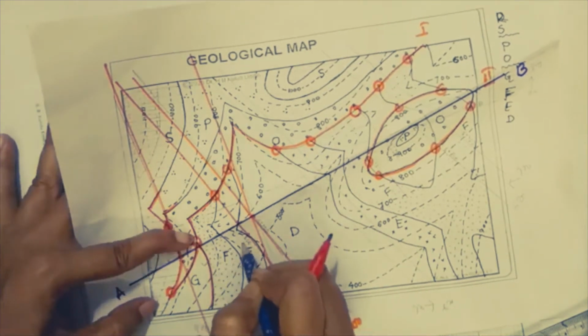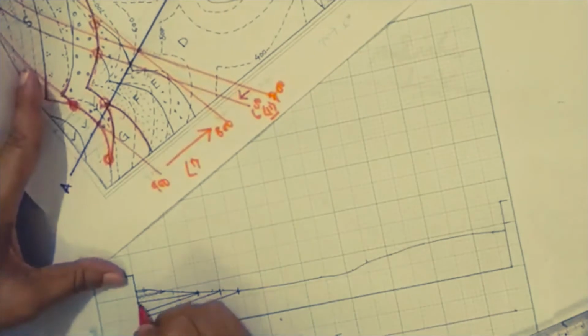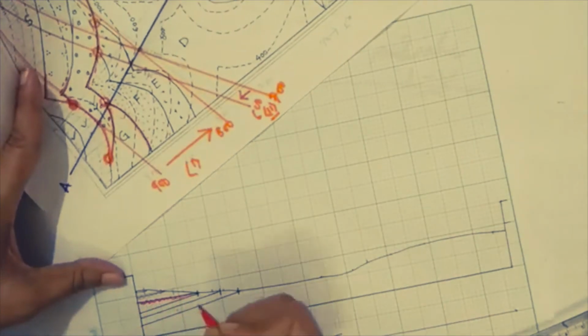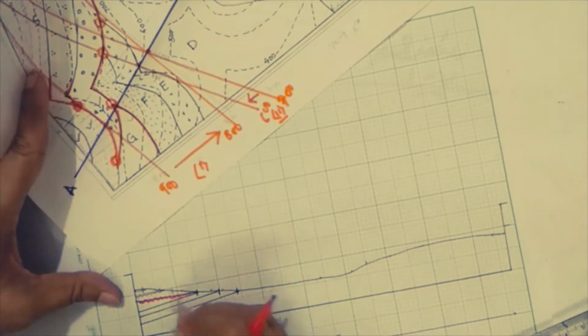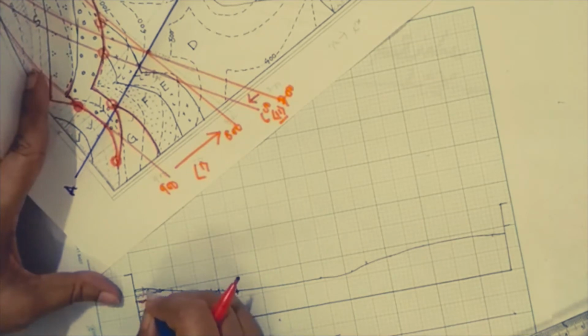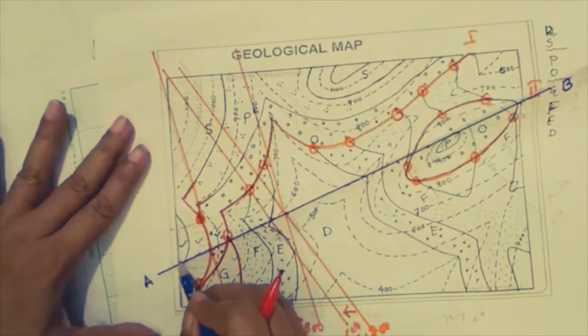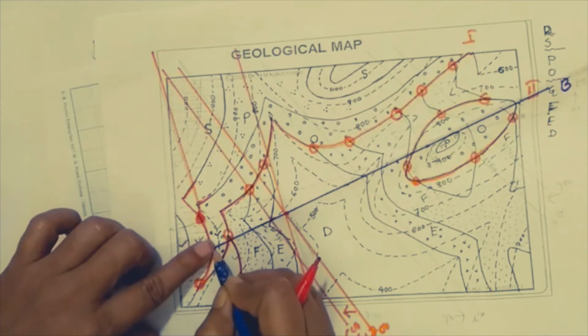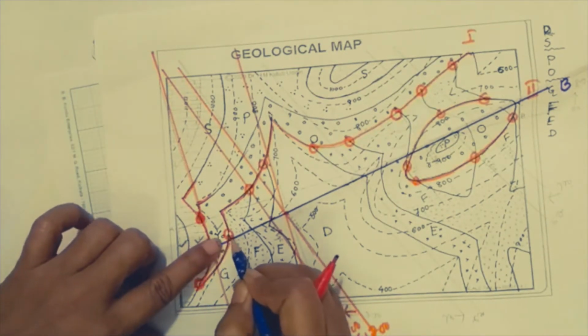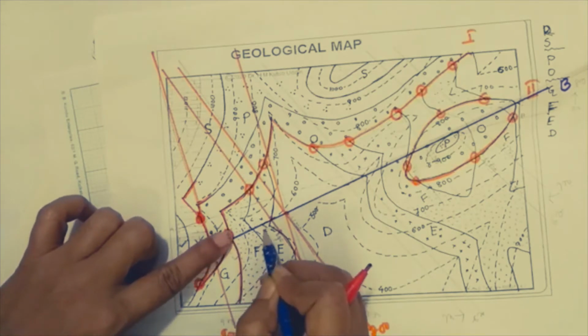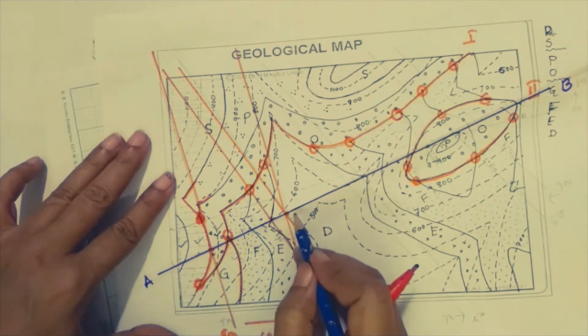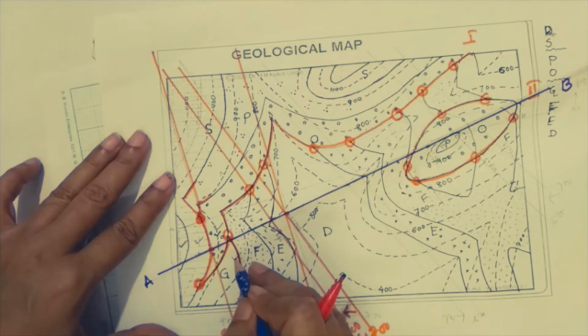So this is also a line of unconformity. Here I have plotted 1, 2, 3 beds, and 1, 2 and 3 beds, 6 beds. Just follow the section line: 1 bed, 2 beds, line of unconformity, 1 bed, line of unconformity, 1, 2, 3 beds. So I have plotted 6 beds with 2 lines of unconformity.